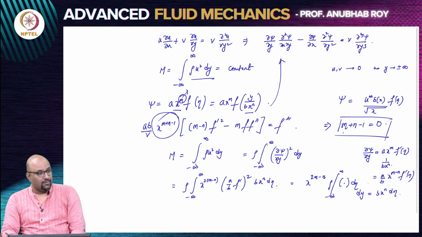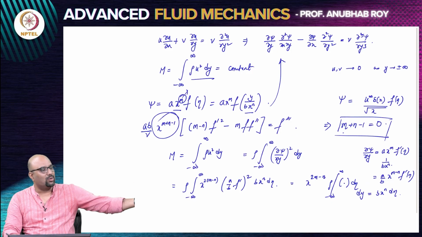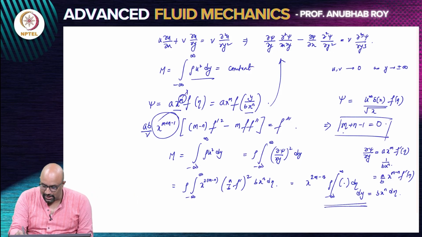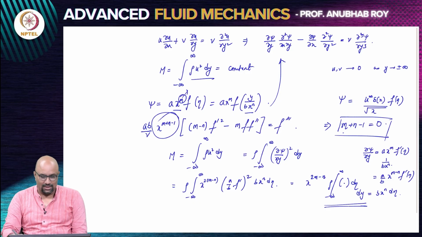So, what is my conclusion? What do I conclude from this? You have to remember what is the starting point. What is the dependence of momentum flux on x? It is independent of x. Momentum flux at any x location is the same, which means this integral is independent of x, which means the only x dependence comes through this.